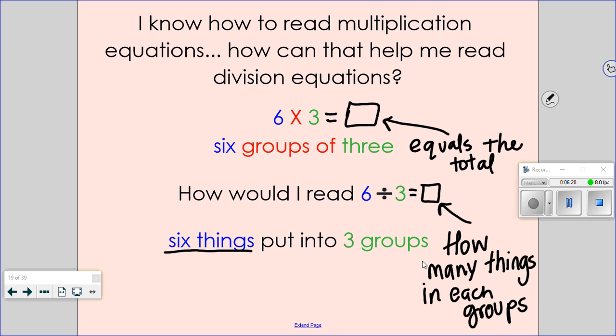How many will each friend get? How many cupcakes will be in each group? So if I have 6 cupcakes and I dole them out to 3 friends, each friend gets 2 cupcakes. 1 for you, 1 for you, 1 for you. That means 2 cupcakes per friend. Good day to be my friend.